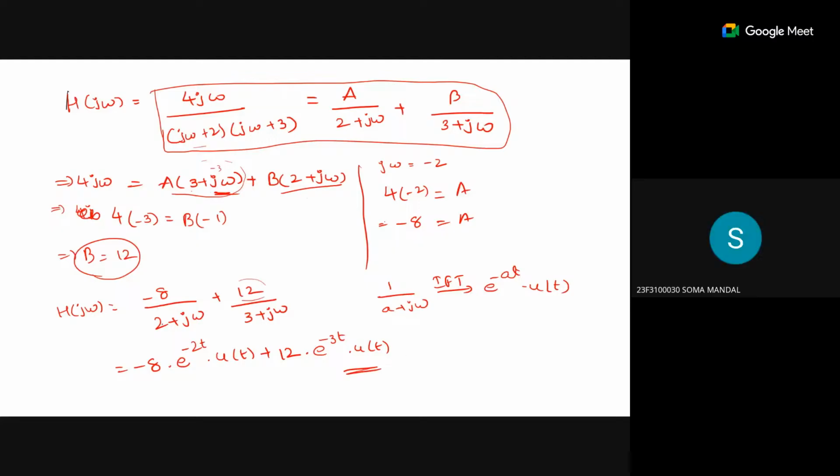Ma'am, we have to write the inverse of H of j omega, no? Yes, this is the inverse only I am doing. Okay, ma'am. So this will be the impulse response.